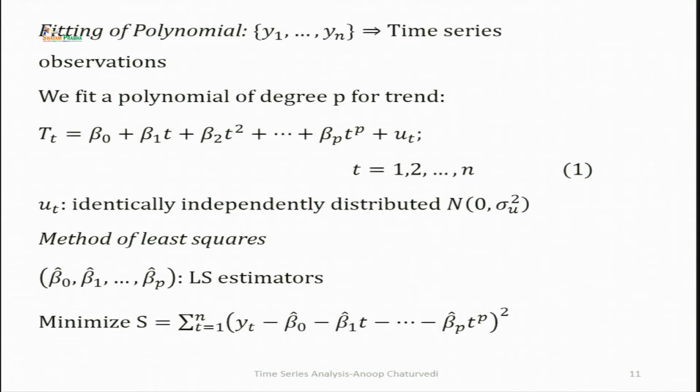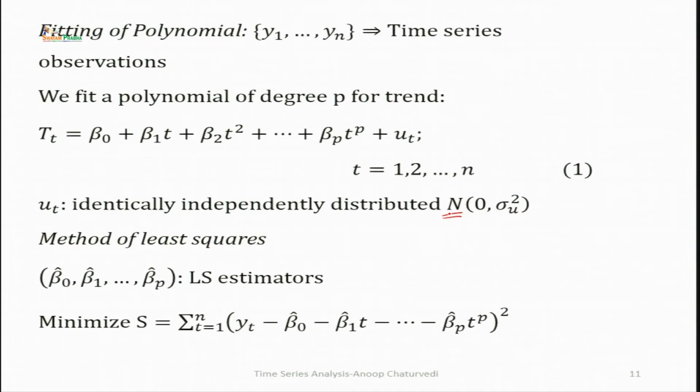Again, just like the previous case of straight line fitting, we assume that the u t's are independently identically distributed. Sometimes we also need this assumption of normality, but for using the method of least squares, you do not require this assumption. And these u t's have mean 0 and variance sigma square u.